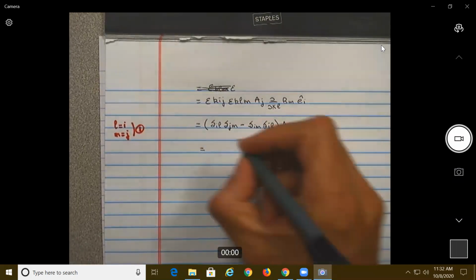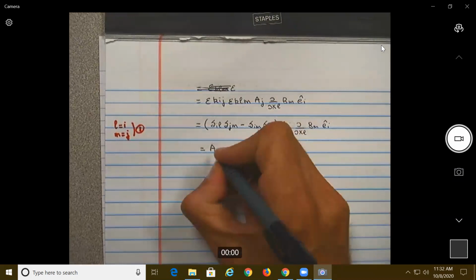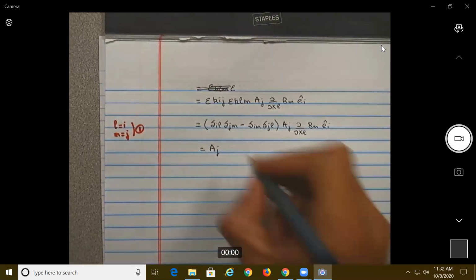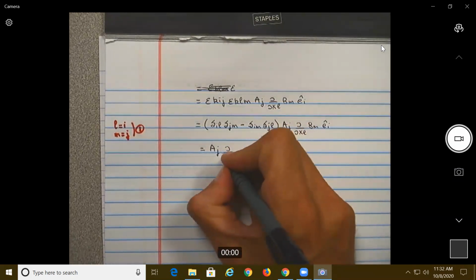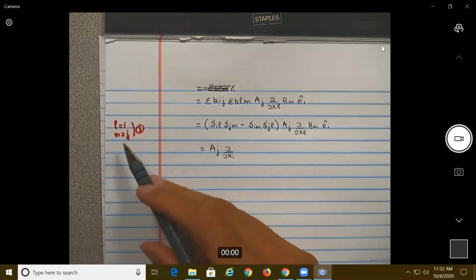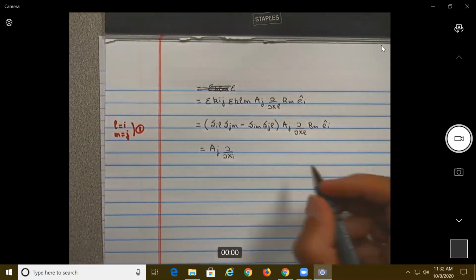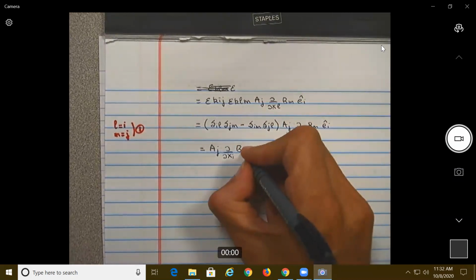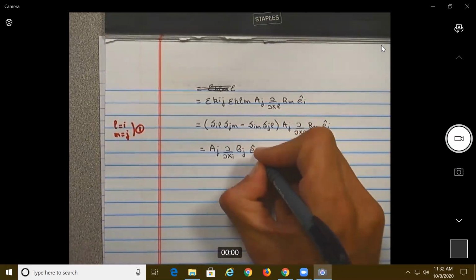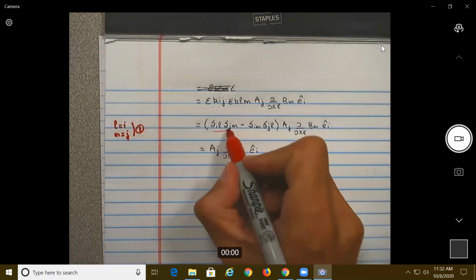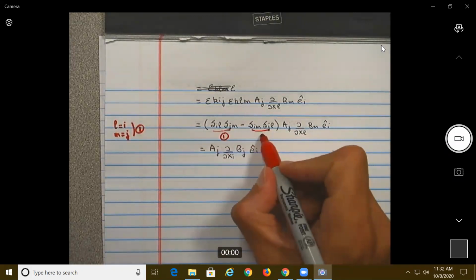So it give you A of J partial X of Xi, the L becomes I, and B M becomes J, EI. Okay?